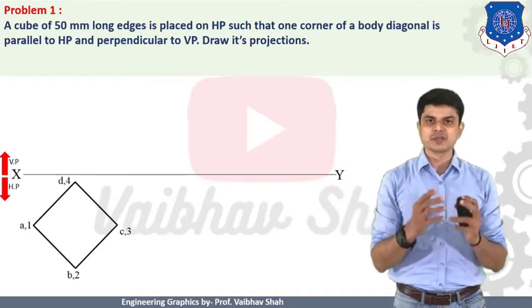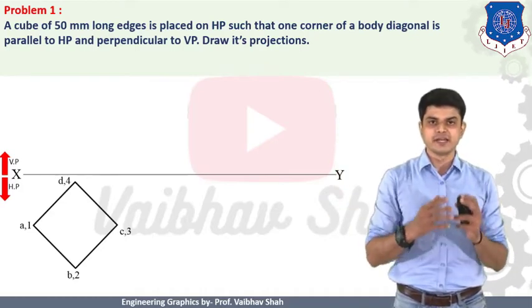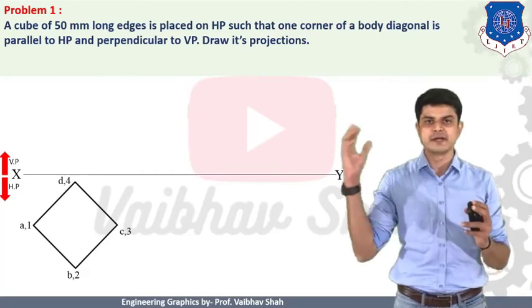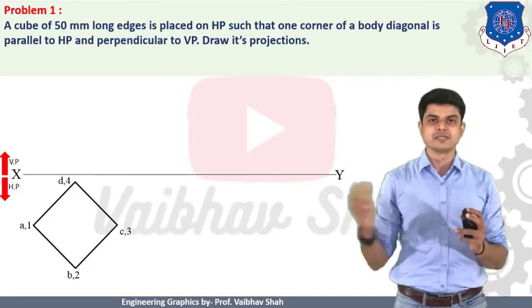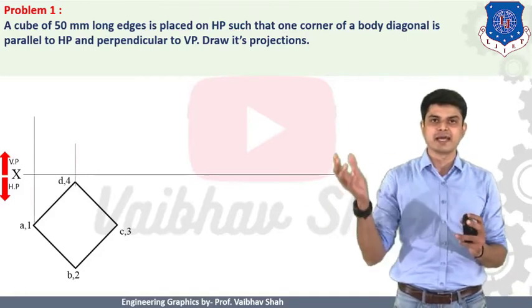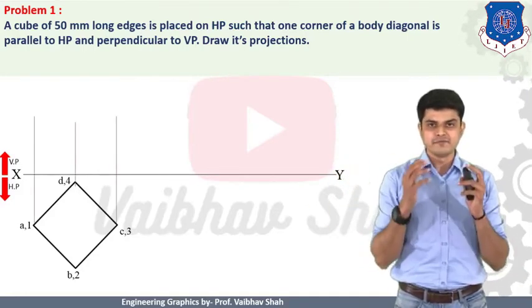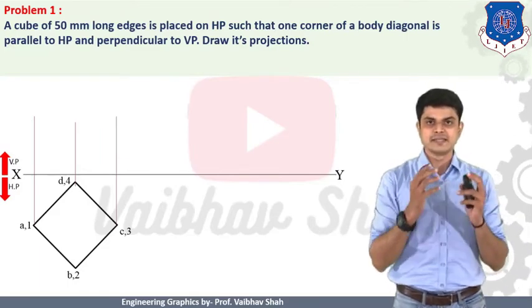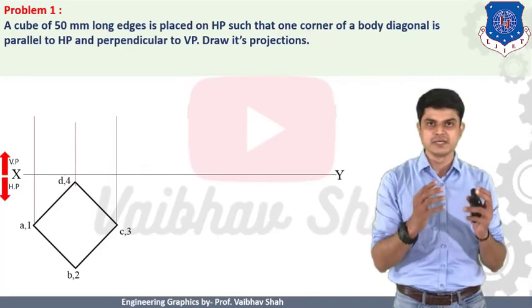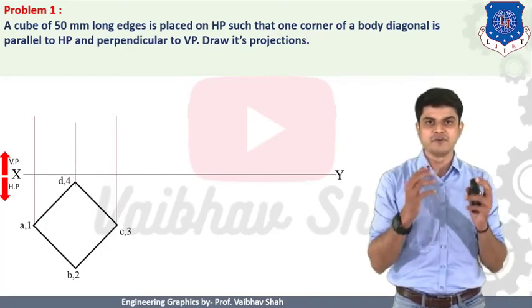After that, we should draw a vertical line from each and every point in order to generate the front view. We know that each and every dimension of the cube must be the same. So that means the height of the cube must be 50 mm.